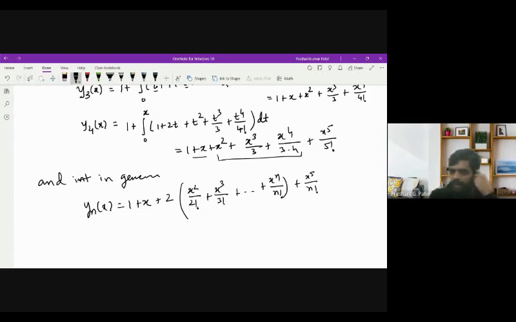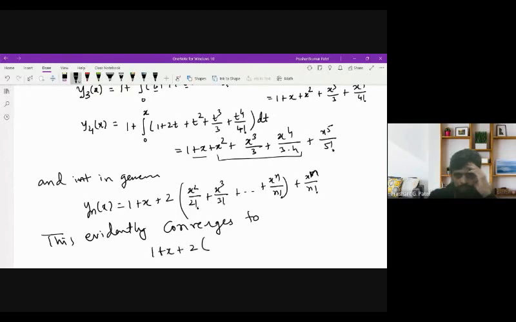If I take n tending to infinity, then this series converges. Can anybody tell me where it converges to? First of all, 1 plus x is there, plus 2 times the series.